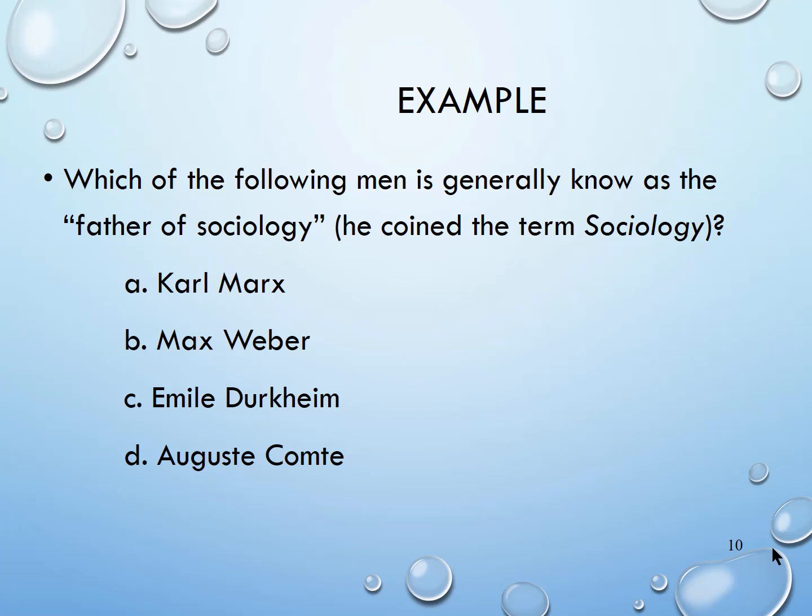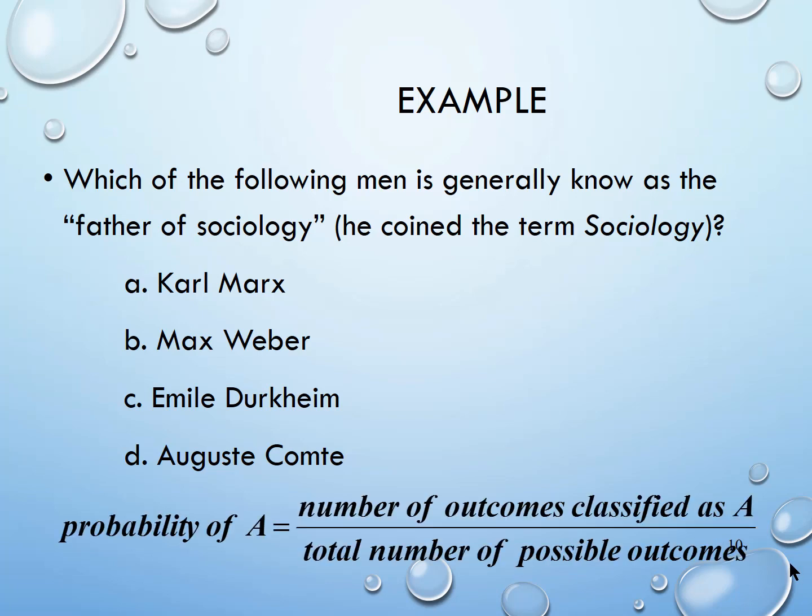Well, if there are 4 possible answers in a multiple choice question, and you don't have a clue about what the answer is, then the probability of getting it correct, because we know there's one correct answer, is the number of outcomes that are classified as A, so as correct answers, we know that's 1, over the total number of possible outcomes, and there are 4 choices. So the probability of getting it correct is 1 over 4. So the probability is 0.25.